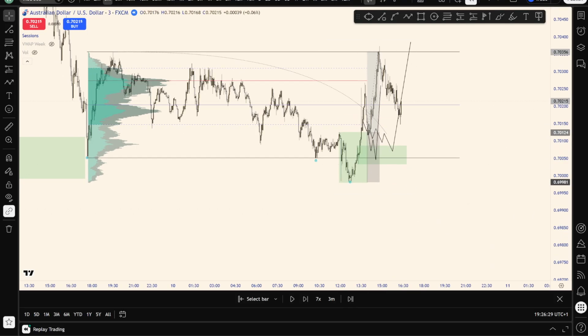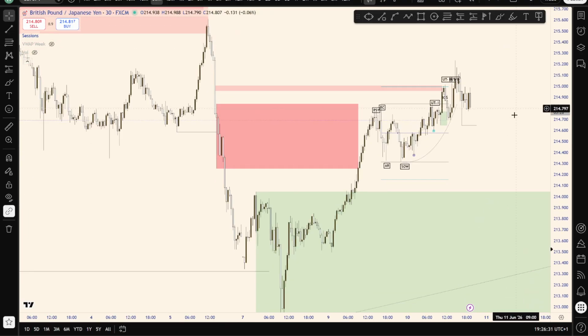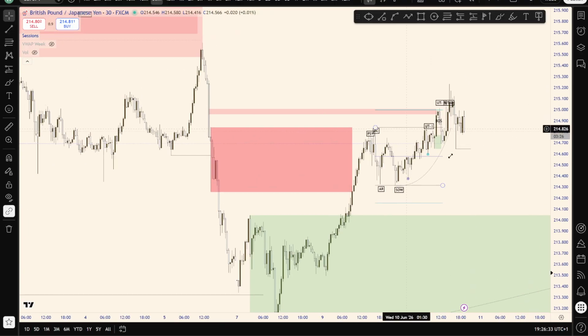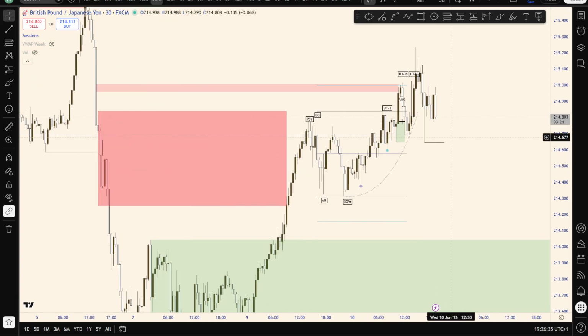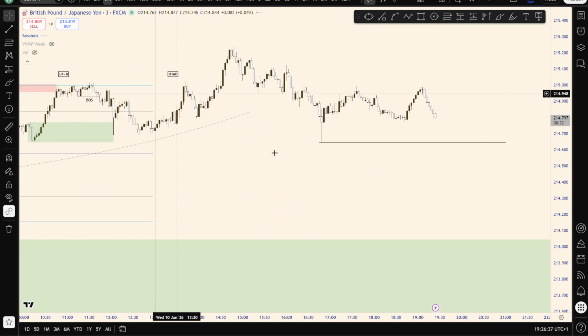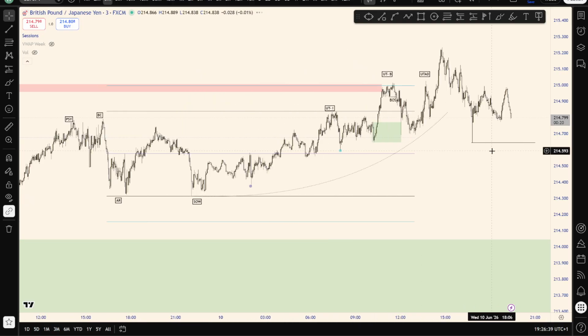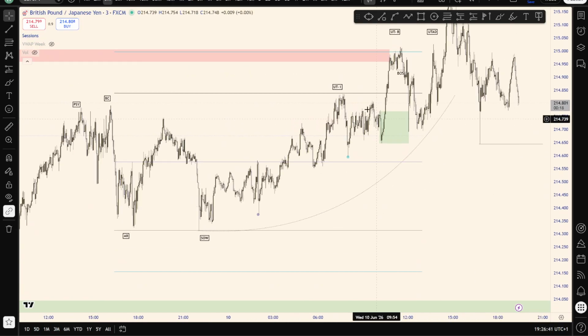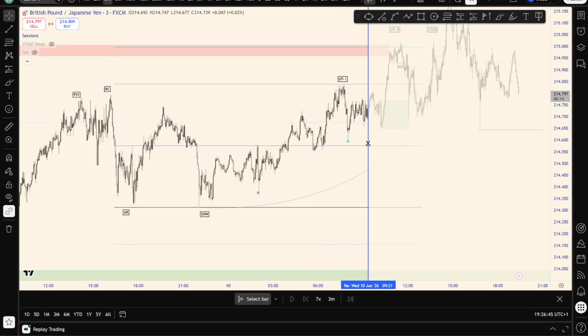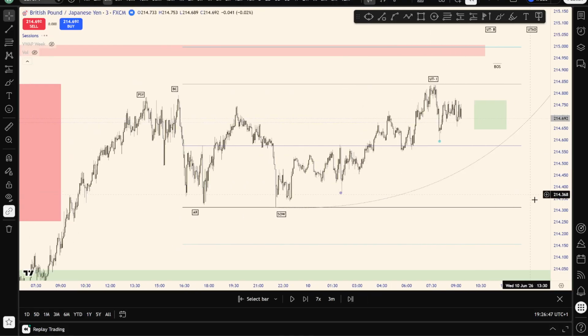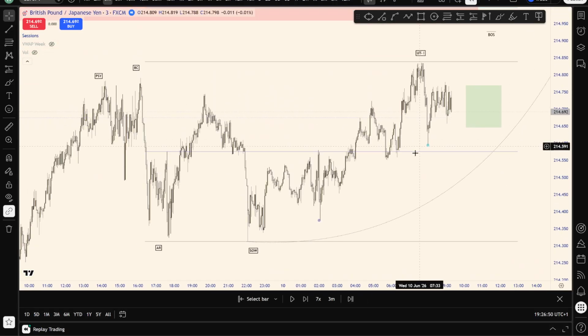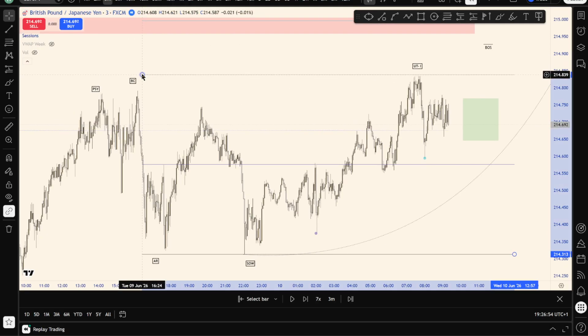And another thing, this one was really tough. I have a loss today here. So this is my idea of a trade range.